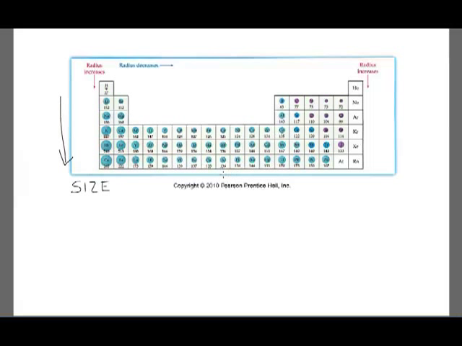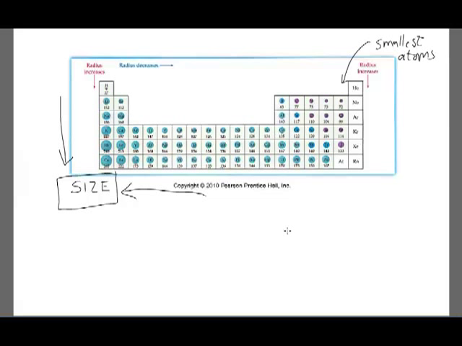And since it decreases going across, we can also say that it increases going to the left, so that in this corner is where you have the largest size. And you can remember that. And then in the opposite corner are the smallest atoms. Okay, so we can use this information, and you should learn the trends, this trend in the size.